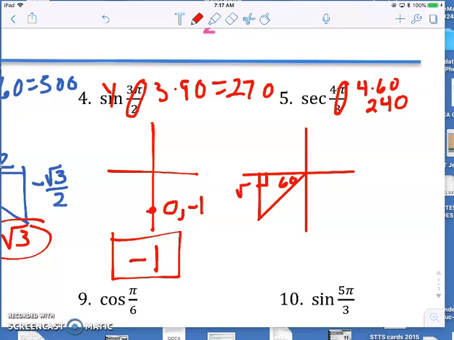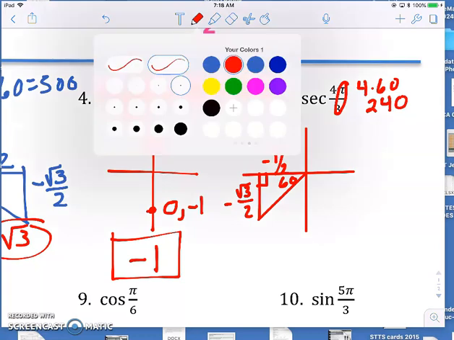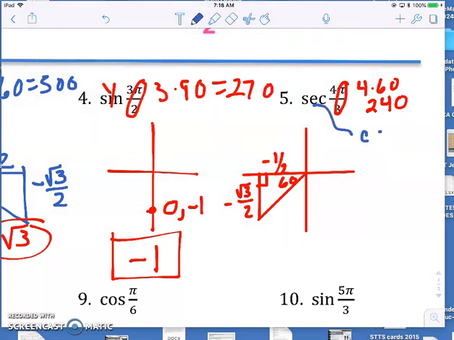Opposite 60 is root 3 over 2, but it's going down, so it would be negative, and negative half. So we have our triangle labeled here, and we have the secant. Well, secant is the reciprocal of the cosine. So if this is our cosine, negative 1/2, that means the secant, we flip it, so it'd be negative 2 over 1, which is negative 2.